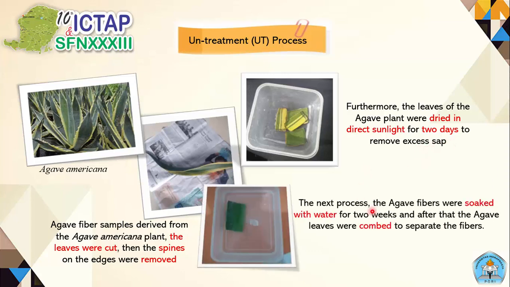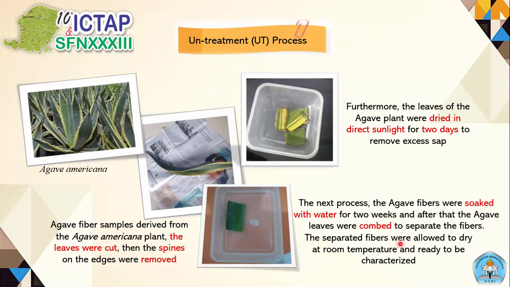The next process, the agave leaves were soaked with water for 2 weeks, and after that, the leaves were combed to separate the fiber. The separated fiber was allowed to dry at room temperature and was ready to be characterized.